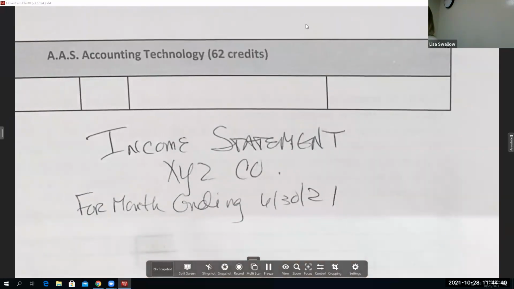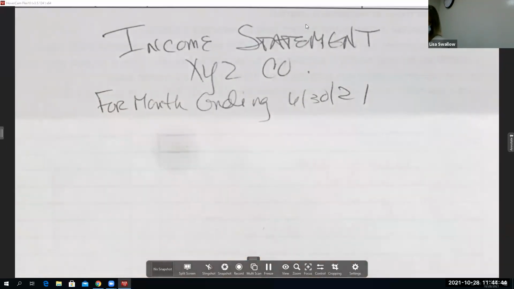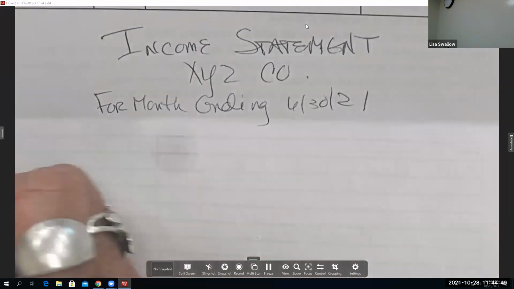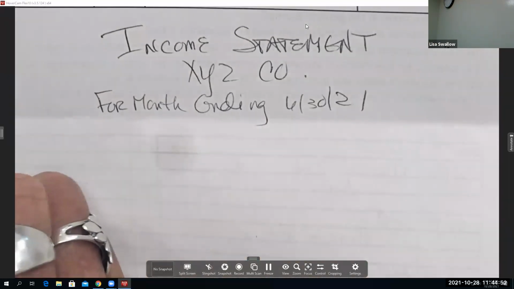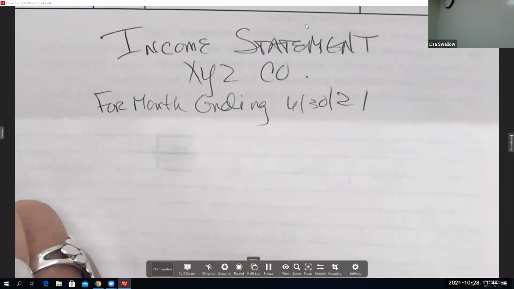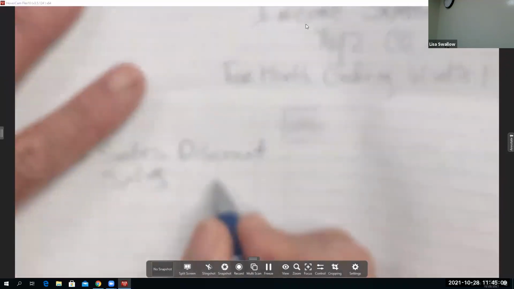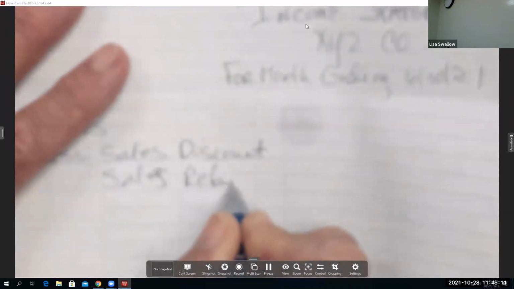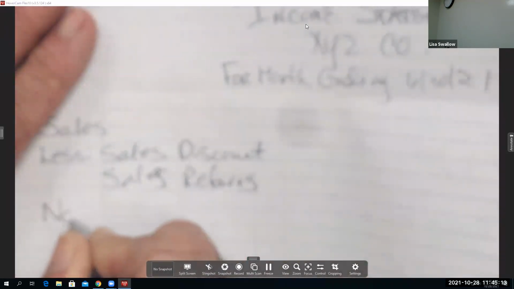Now, great. What's the first part of my income statement? Revenues. And now look at what it looks like. I think Dylan was asking, where does it go? Sales, less sales discounts, less sales returns gives me something called net sales.